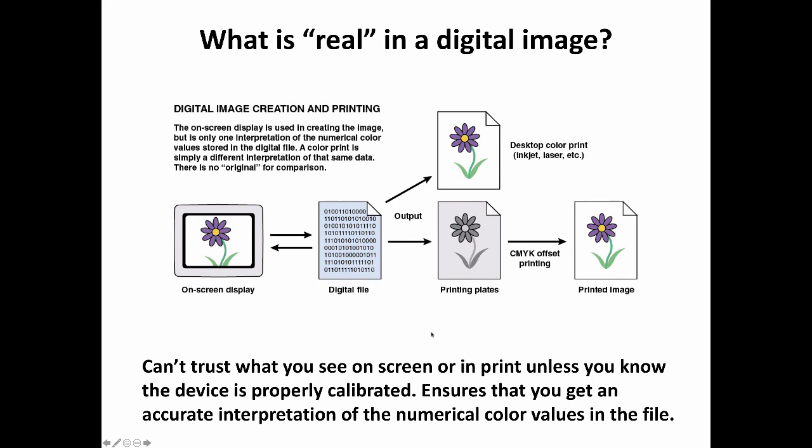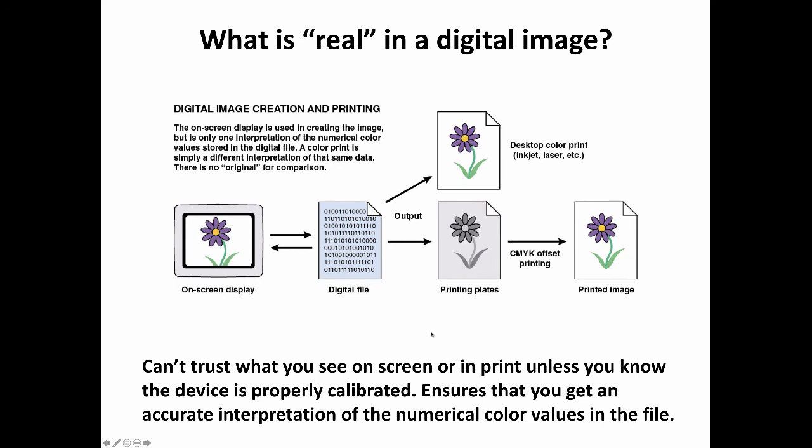What you were doing was using a mouse or a Wacom tablet or some other input device to create your image. And remember what I mentioned before, that the image you were creating was nothing but a string of ones and zeros stored in a digital file to represent the RGB values of the colors you were creating.